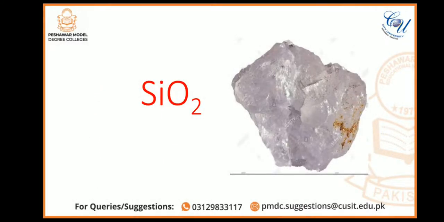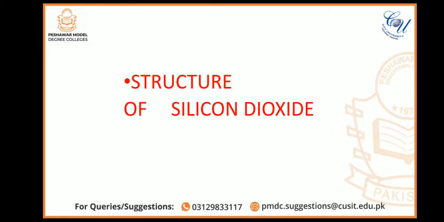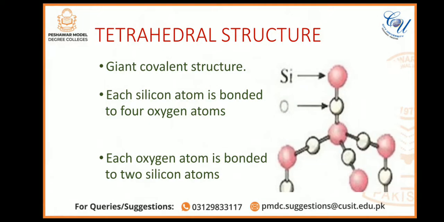Next, we will talk about silicon dioxide, which is also known as silica. So let's talk about the structure of silicon dioxide. In silicon dioxide, each silicon atom is covalently bonded to four oxygen atoms.